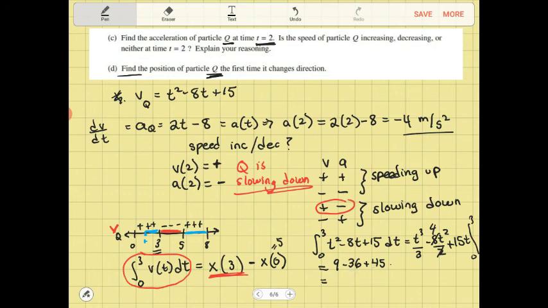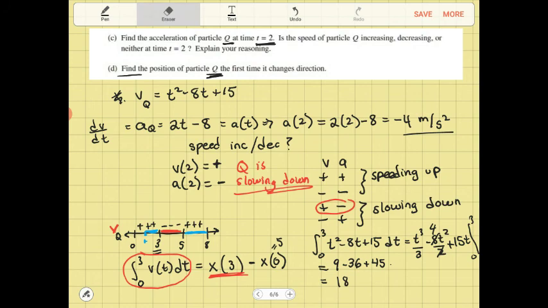So that will give us 9 minus 36, and what is this? That's negative 27. Negative 27 plus 45, I believe that's 18. Is that right? No, is it 12?